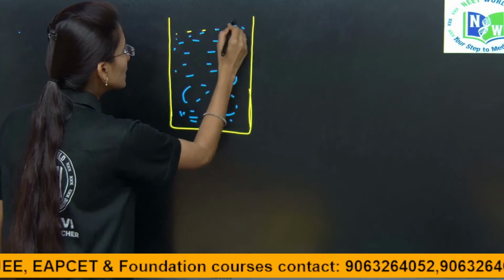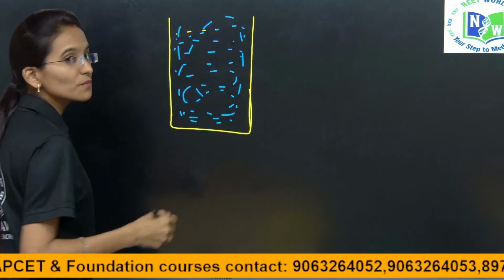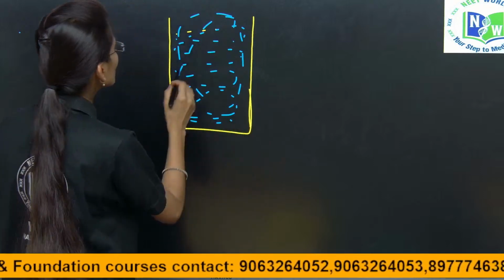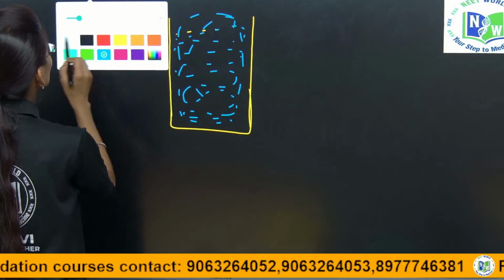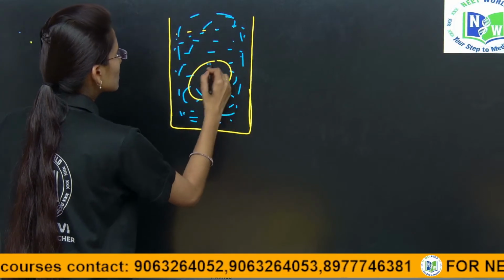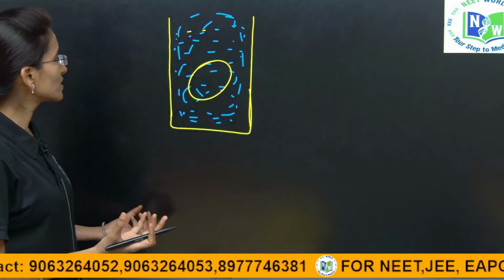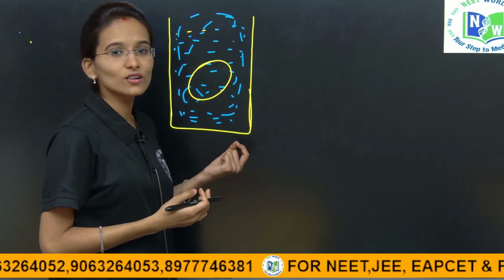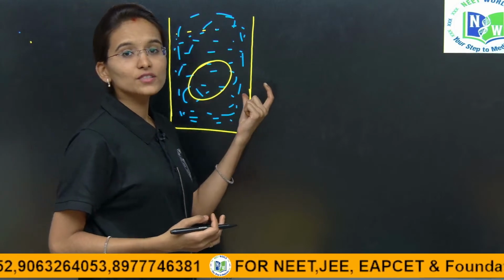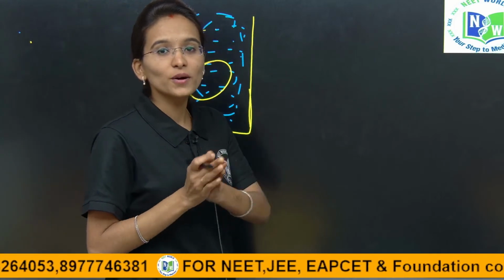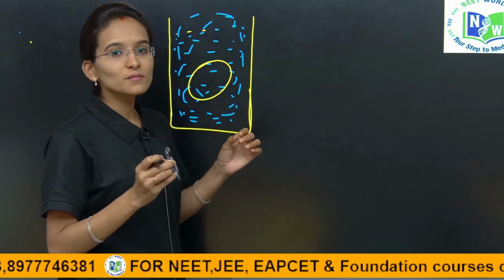Okay, I am going to fill this beaker completely with water without adding any solutes. So here again I am going to place a resin. Students, this is a simple activity which you can perform in your home itself, but you need to understand the terms properly, then only the concept becomes easy to you.